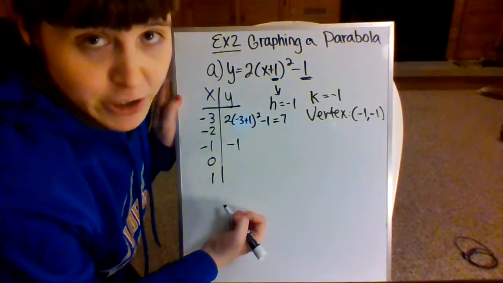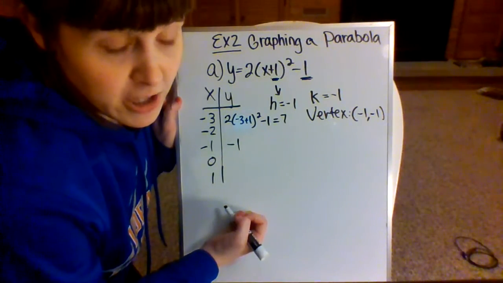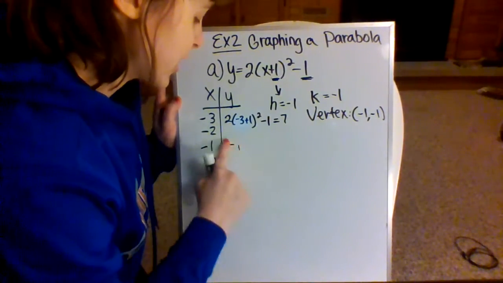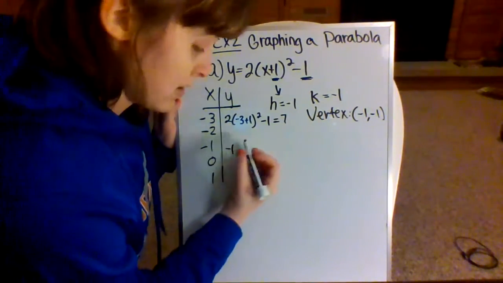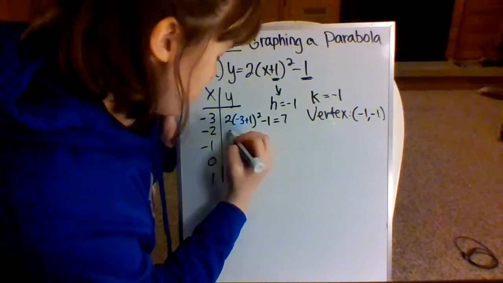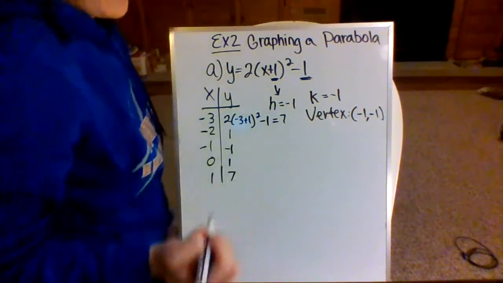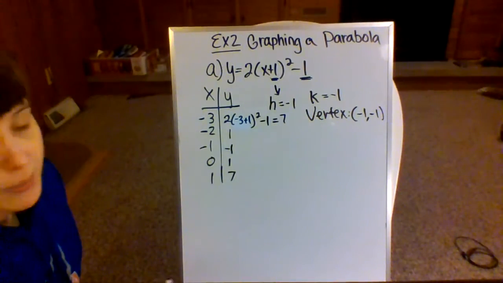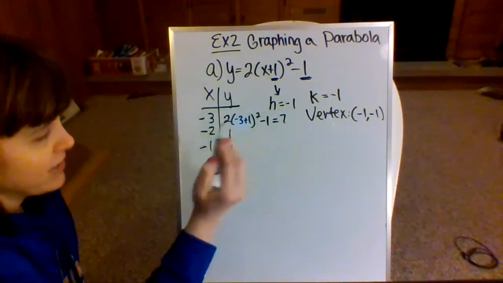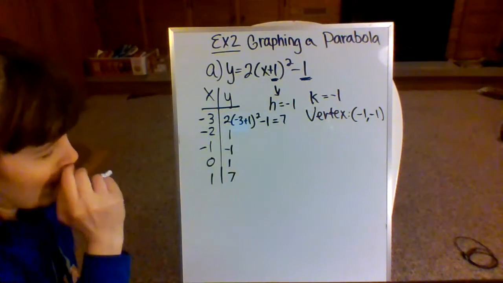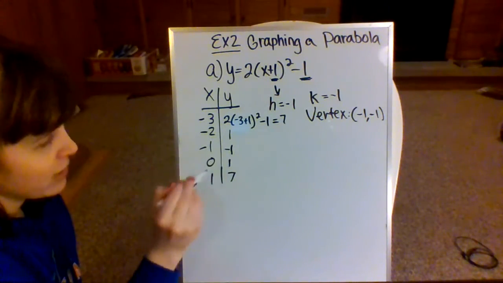I filled this out on your Google Docs, the notes for today, so I'm just going to fill in the values. You can check out that math later. So this one is 1, this one's 1, and that one's 7. So the points I'm going to plot are negative 3, 7, negative 2, 1, negative 1, negative 1, 0, 1, and 1, 7.